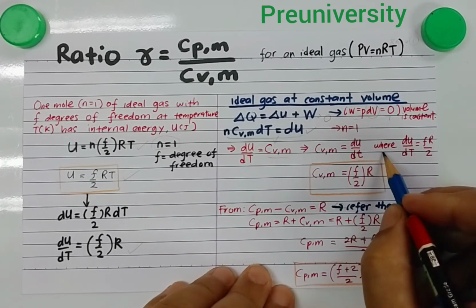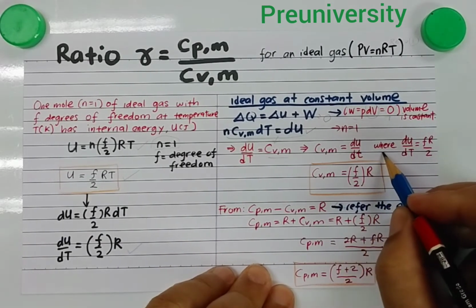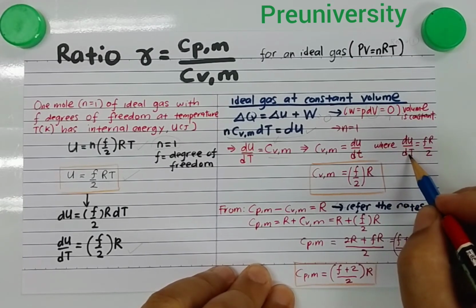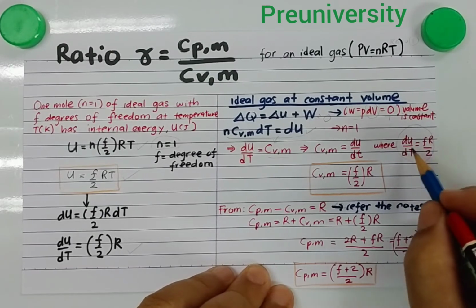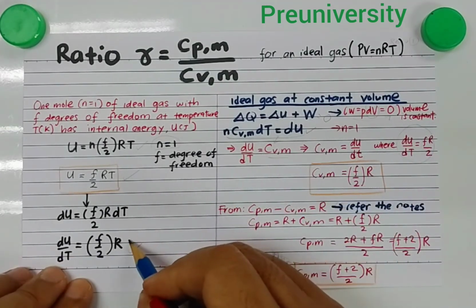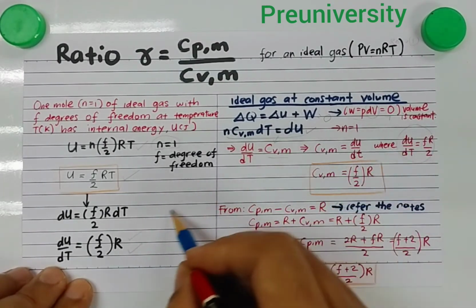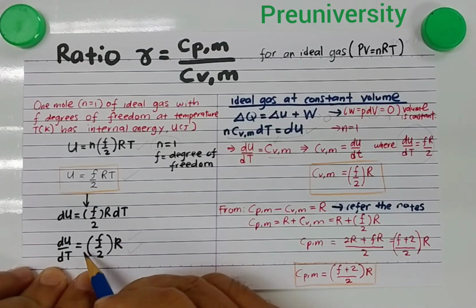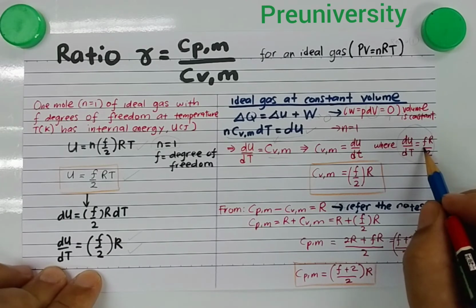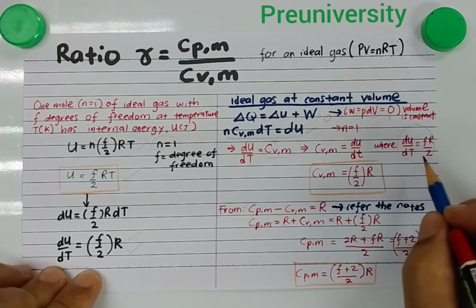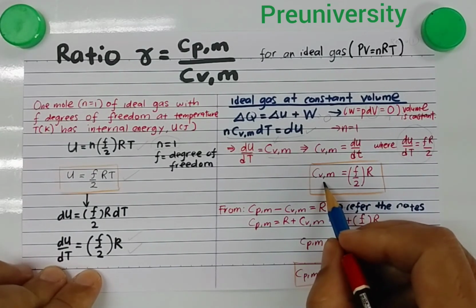Then we knew that delta U over delta T is equal to FR over 2, from this equation here. Then we replace delta U over delta T with FR over 2, and we can get this equation.